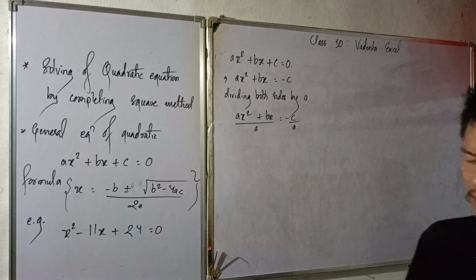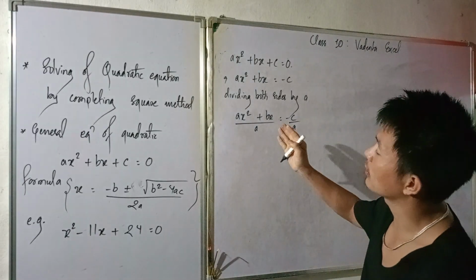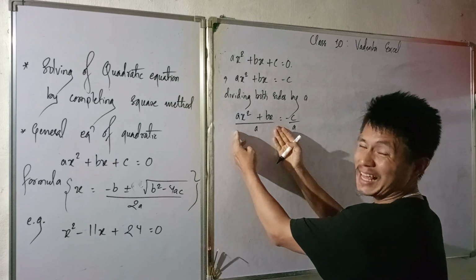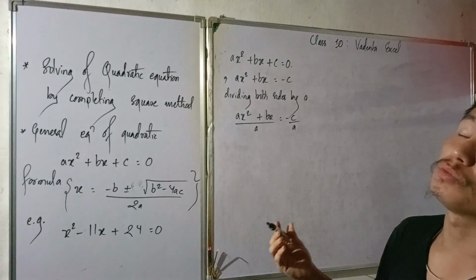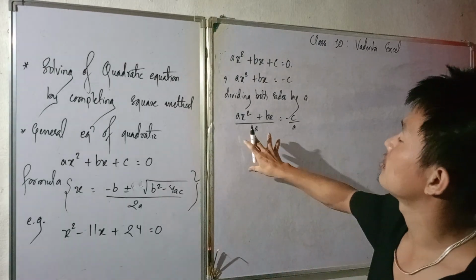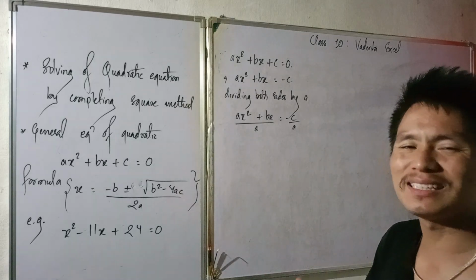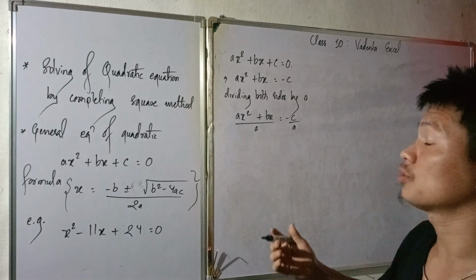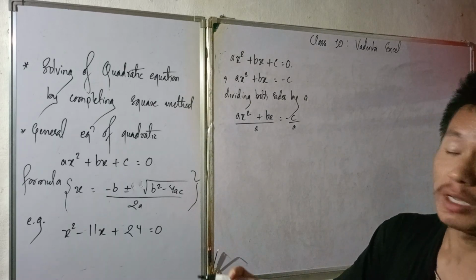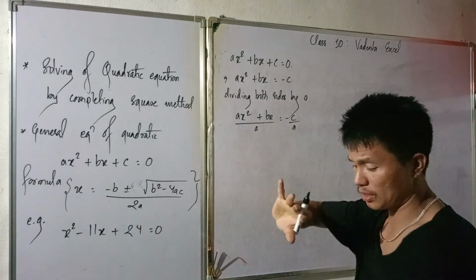Now the main idea is we are trying to make the LHS into a perfect square. Whatever things need to be added, multiplied, or whatever is required, we are just trying to do that, to convert this LHS into a complete square.